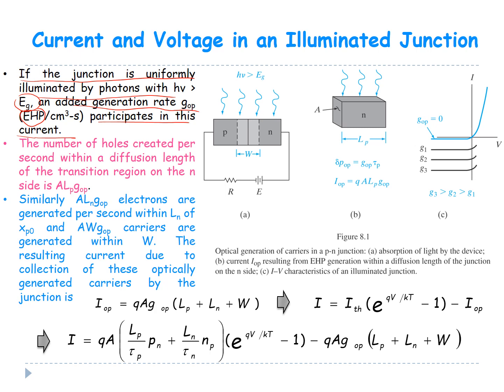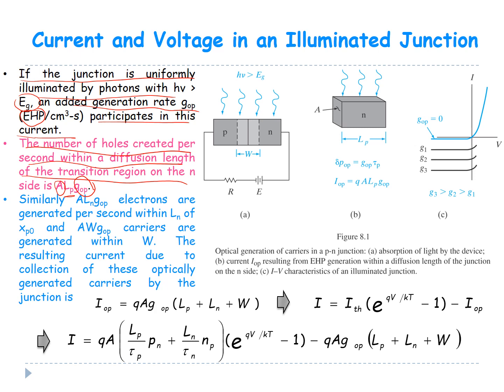So the number of holes created per second within a diffusion length of the transition region on the N side is equal to the area times Lp, which is the diffusion length of holes on the N side, times the generation rate. So you actually get the number of holes created per second. So this is just on the N side.